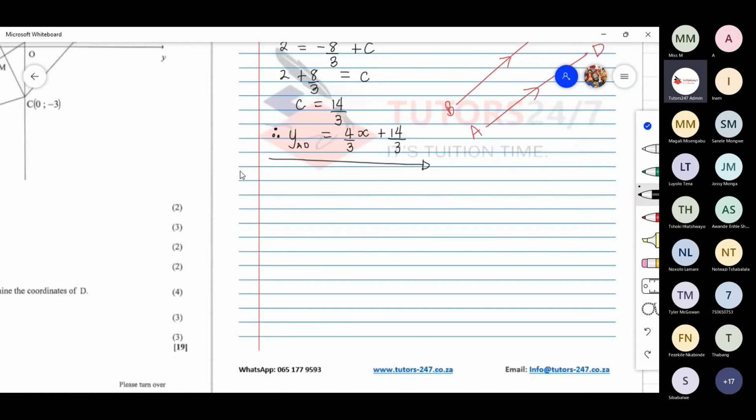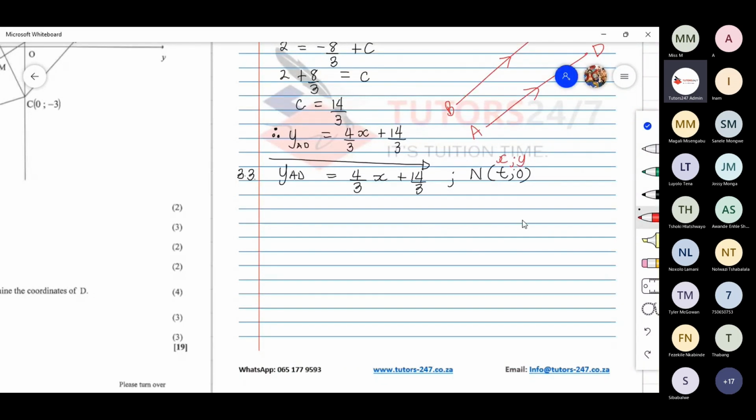So we previously found the equation of AD. So all we are now going to do is substitute into the equation. So y of AD is equal to 4 over 3 x plus 14 over 3. Okay, and we are going to use the coordinates t and 0. So in place of x, we are going to substitute t.